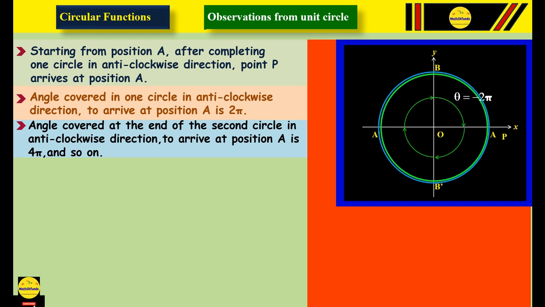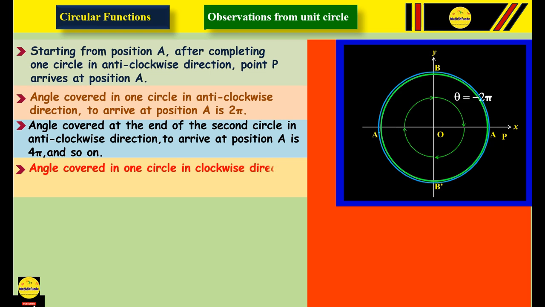The angle would be kept with a negative sign because it is moving in clockwise direction, and for the complete circle, 2 pi. So the total angle when it reaches back to position A would be minus 2 pi after one circle in clockwise direction. So one complete circle in clockwise direction gives you theta equal to minus 2 pi.